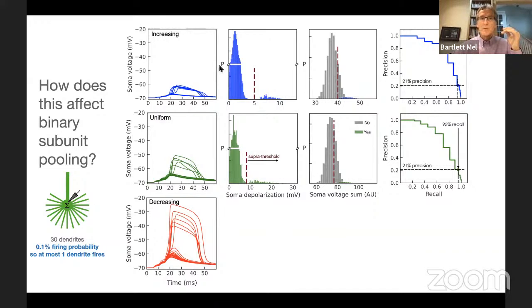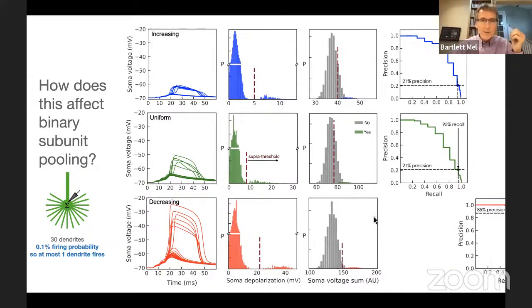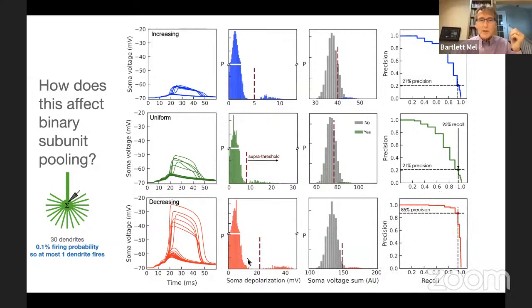Okay, so then the third case, not surprisingly, will be the decreasing case. Now here we're drawing 30 from this distribution gives the no's, or 29 from this distribution and 1 from this distribution gives the yeses. And now they're much better separated. And you can see that in this case, at 95% recall, we have 85% precision, which is massively better than the other two cases.